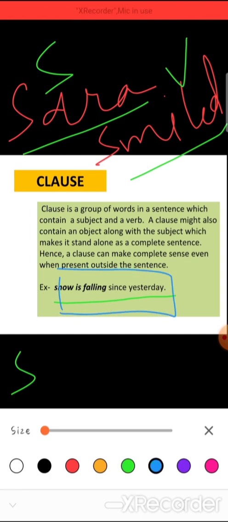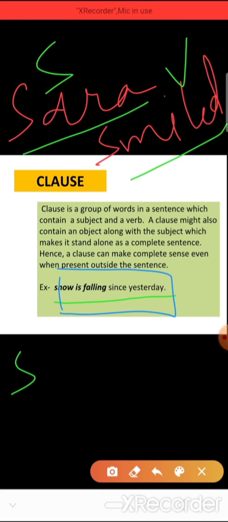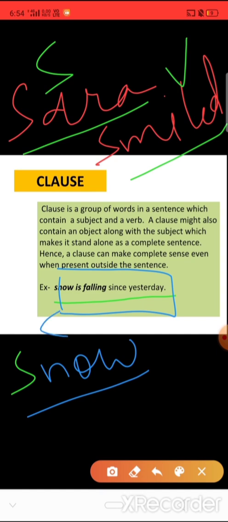It is a complete sentence. But if I remove since yesterday, the sentence will be snow is falling. Still, it is complete in itself because we are talking about snow, that is the subject, and we are talking about what it is doing, it is falling.